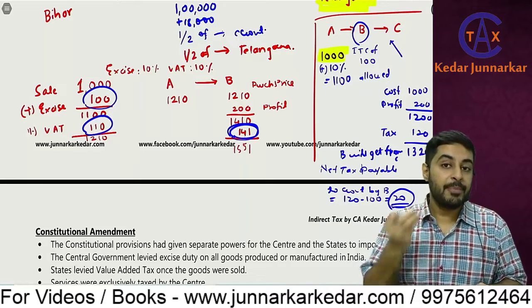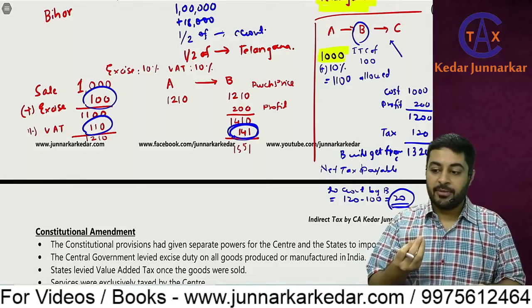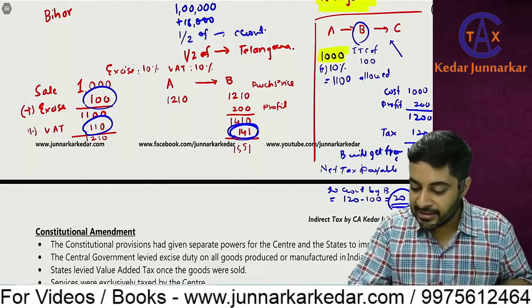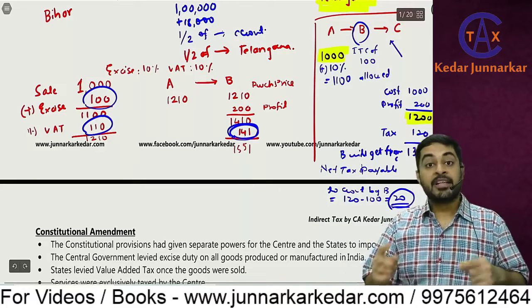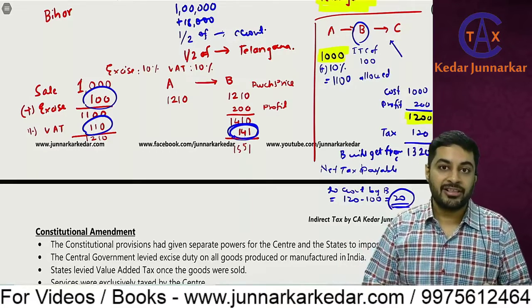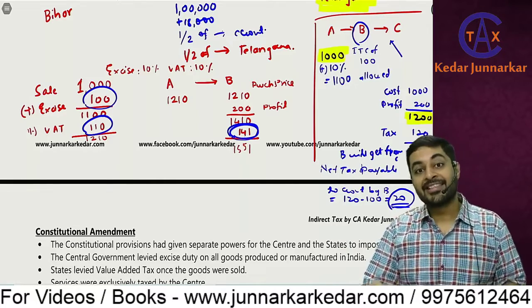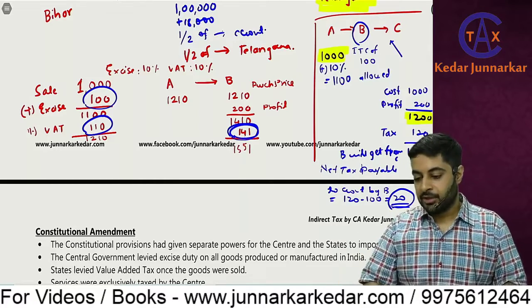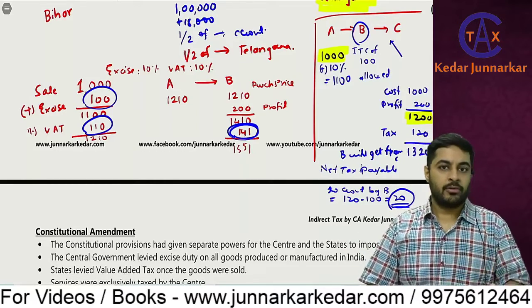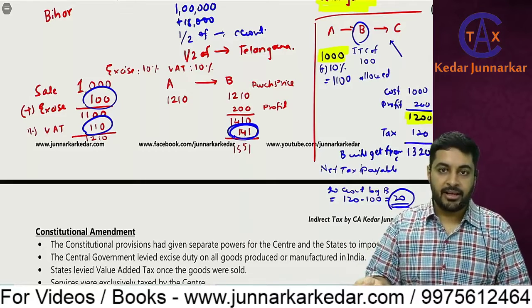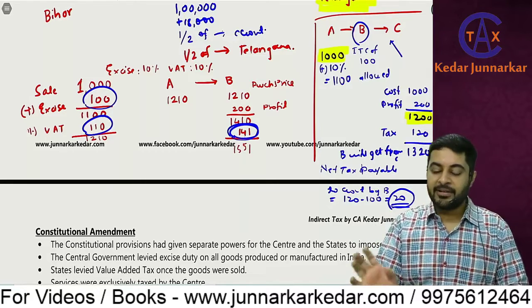Now we are thinking from B's point of view. Purchase price for B is 1000 and sale price is 1200. Means how much is his value addition? Value addition is only 200. So only on 200 tax is effectively charged. So are we going to charge tax on only 200? No. We'll charge tax on sale minus tax on purchase. That will be the net tax.